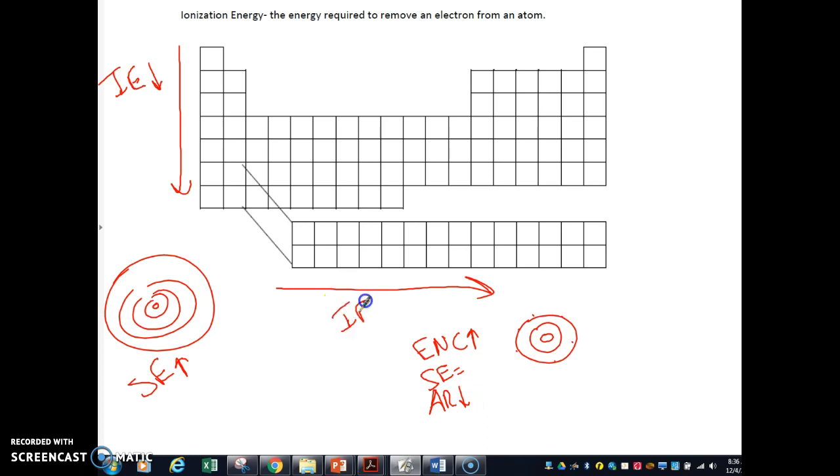Now what that means is the nucleus, since it has a higher effective nuclear charge, can hold on to those outermost electrons more strongly, so it is now going to cause an increase in ionization energy. It takes more energy to remove an electron from a smaller atom with a higher effective nuclear charge than from a larger atom. That is the general trend for ionization energy.